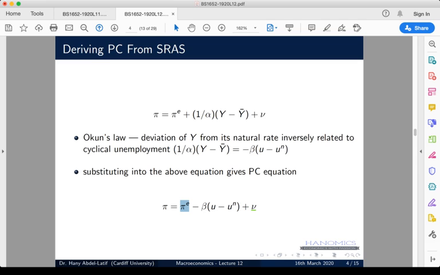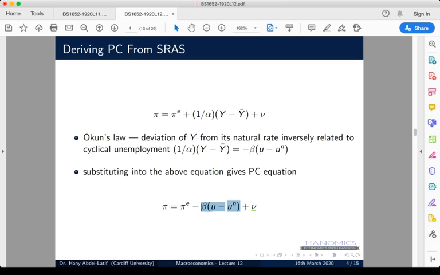It was very simple in the 1960s. If the expected inflation rate was zero, or people didn't expect inflation to be high, let's say they expected it to be very, very small, nearly zero, and of course if you ignore that supply shocks can play an important role in determining the inflation rate, that would give you the straightforward, stable trade-off, the negative relationship between the inflation rate and the unemployment rate.